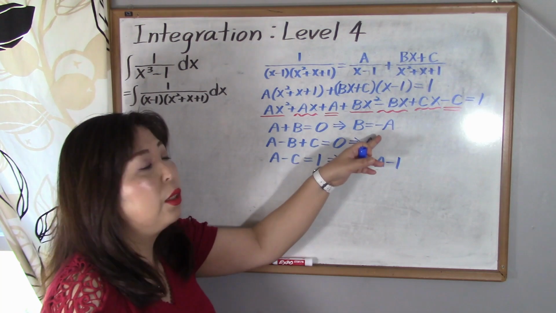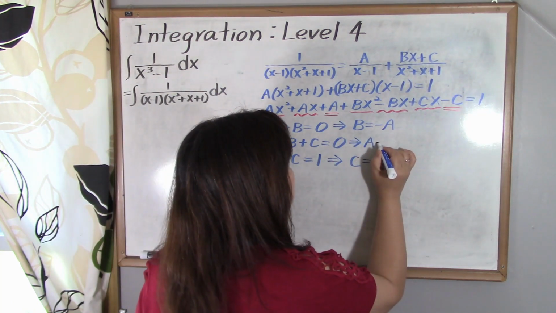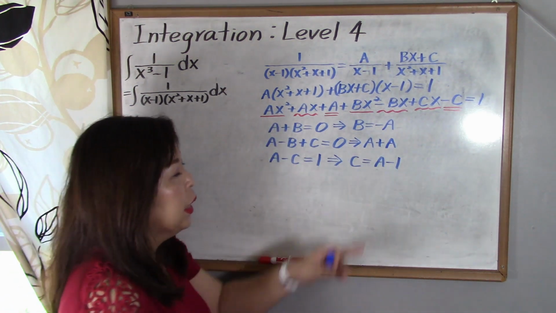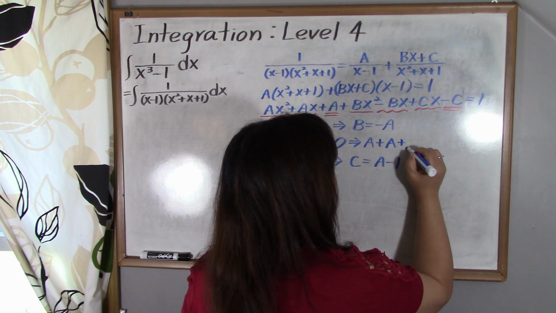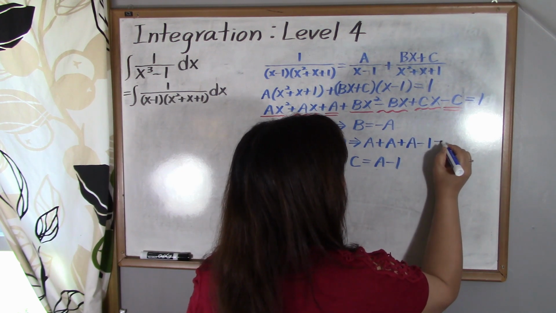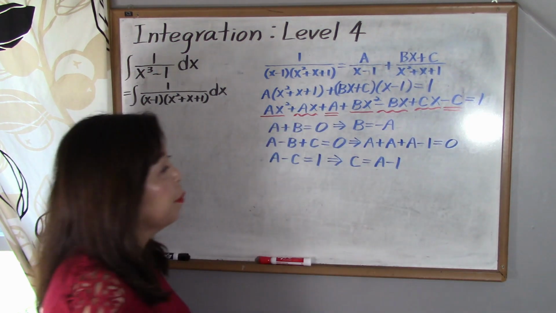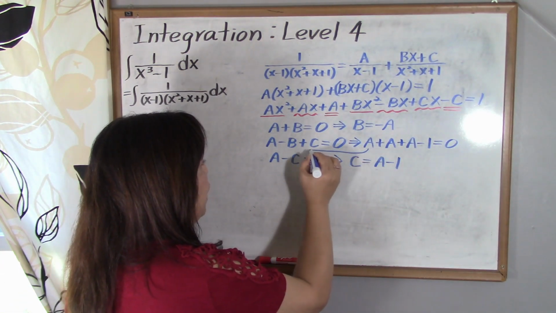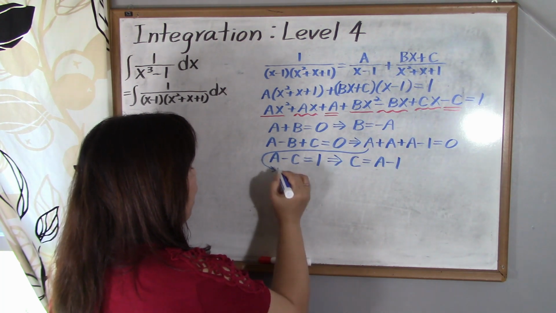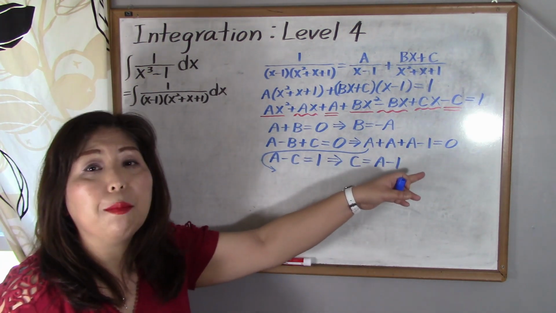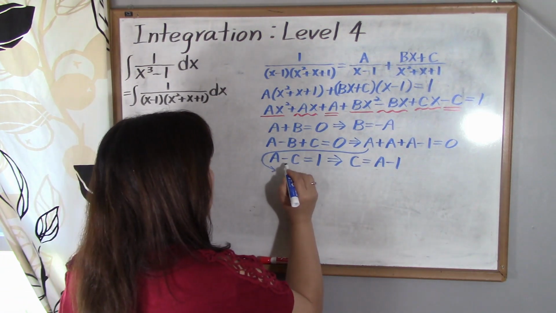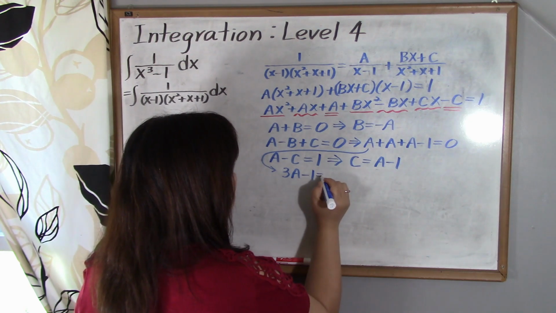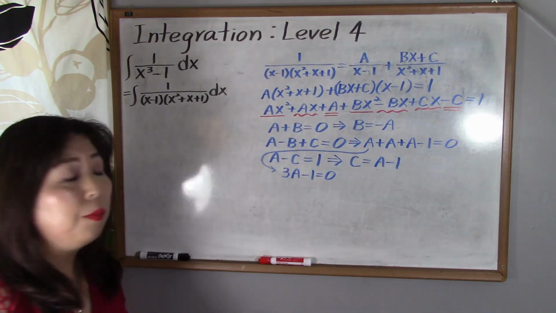So negative times negative a is positive a. And now c is a minus 1 plus a minus 1 is equal to 0. Okay? So now I'm going to bring this over here. So a plus a minus 1 is equal to 0 is 3a minus 1 is equal to 0. Okay?